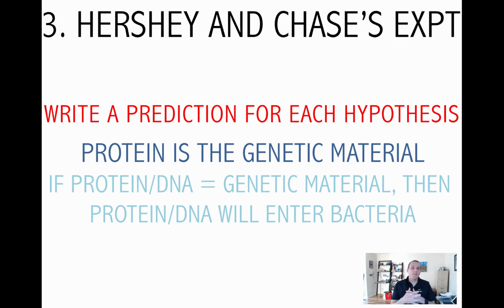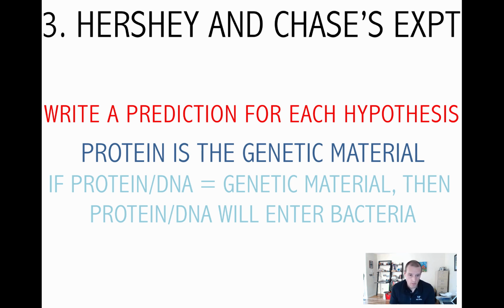So let's just say that we're going to go with the hypothesis that protein is the genetic material. You and I know that's not the case, but let's just go with that as a hypothesis. Protein is the genetic material. That's our hypothesis. So then I would say something like, if protein was the genetic material, then I would expect the protein in the virus to enter the bacteria and be used to make new viruses.